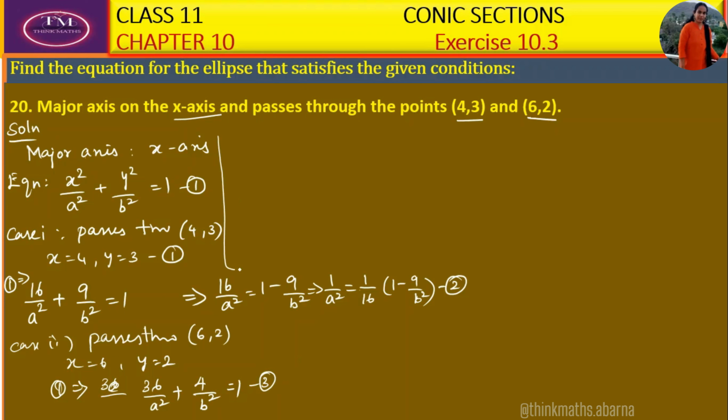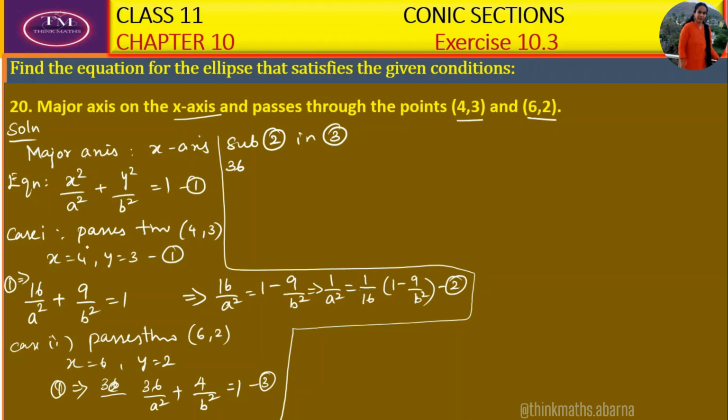So let us substitute 2 in 3. So substituting 2 in 3. So 3 is 36 by a square. So 36 into 1 by a square. 1 by a square is 1 by 16 into 1 minus 9 by b square plus 4 by b square equal to 1.